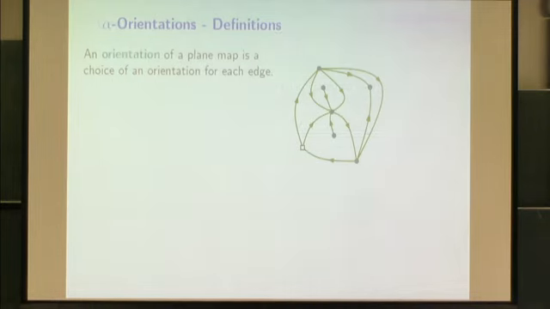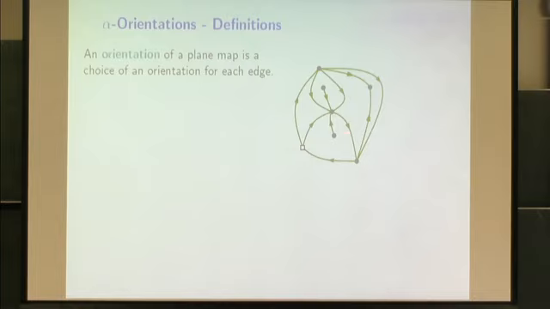But first I need to recall what orientations on maps are. An orientation of a plane map is just a choice of an orientation of each edge of the map. I won't define maps again, because this has been done many times.